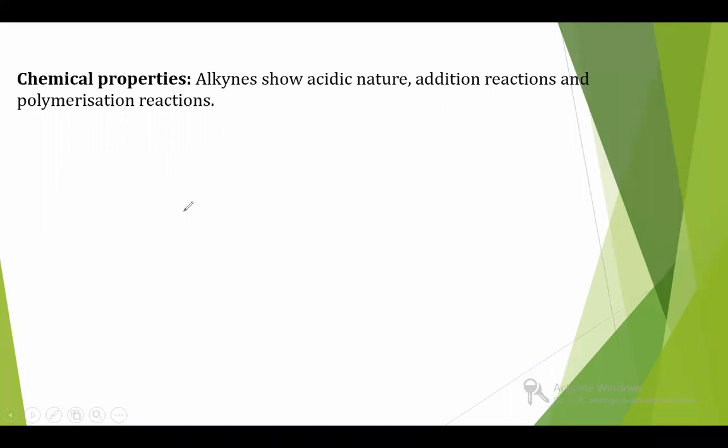So for the acidic nature of alkynes, we need to get monosubstituted products using sodium metal or soda amide. How these strong bases react with ethyne, we need to study. In carbon-carbon single, double and triple bonds, the order of reactivity of ethane, ethene and ethyne we need to study, as well as the addition reactions.